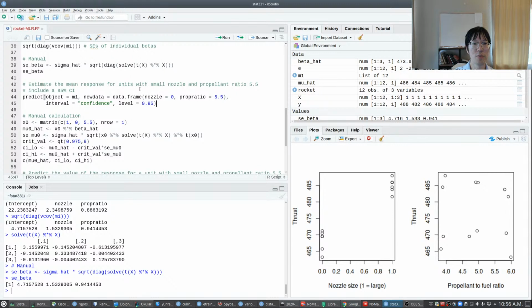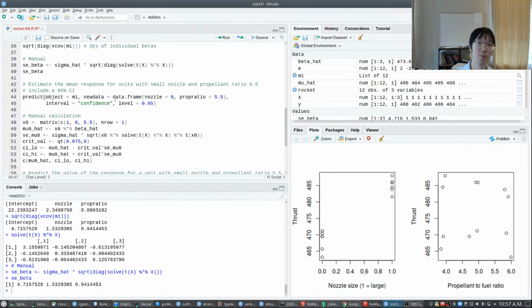In this case, we want to do prediction with nozzle equals 0. These variable names have to match the names in the data frame we used to fit the model. Otherwise, R will complain. So we need to set the value for nozzle and the value for propellant ratio. These are the exact names we used earlier. So nozzle equals 0, propellant ratio equals 5.5.